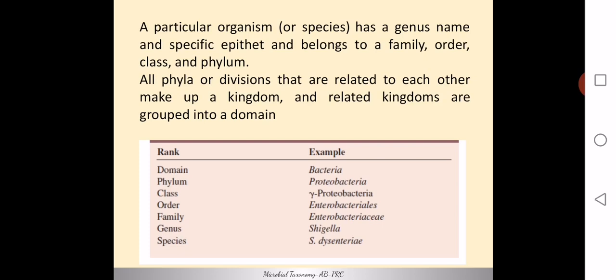So an order has more organisms than a family. When you come down to genus, this genus belongs to this family, and this family may contain a number of genera. So when it comes down, the number of organisms is reduced.